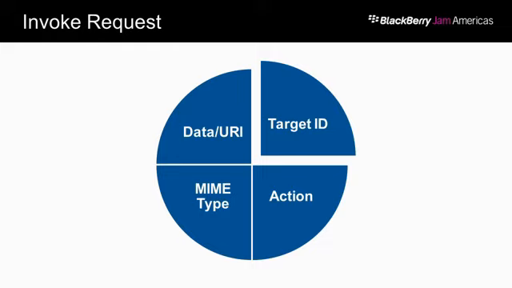Once you do an invoke request without a target ID, the invocation framework will try to match the action, MIME type, and the URI scheme to make sure that the target application is capable of handling this request.